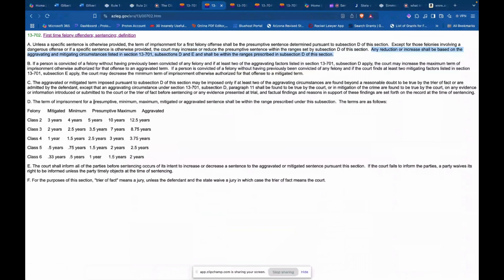B, if a person is convicted without a previous conviction, if there's no prior felonies, and 2 aggravating factors are listed or found in the 13-701D, so any of the 27, the court may increase the max term to an aggravated unless authorized.